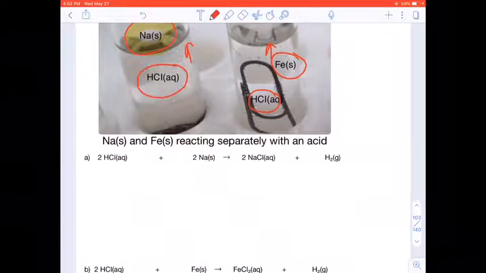Here we have HCl, and that reacts with Na, which is solid. So that's our molecular formula, and it is balanced. So let's look at our ionic equation.